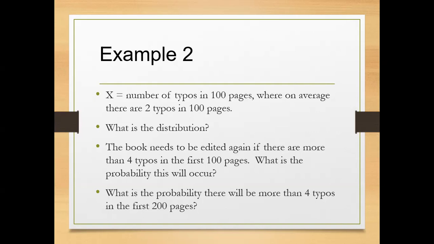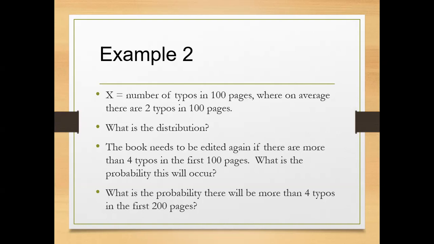And then lastly, what is the probability that there will be more than 4 typos in the first 200 pages? Well, what you basically have to do is redo the problem with another Poisson.